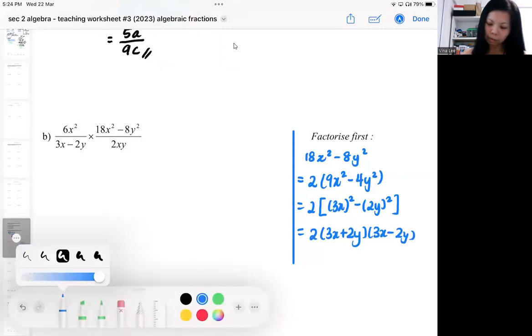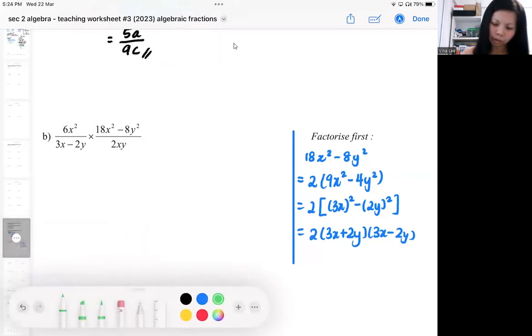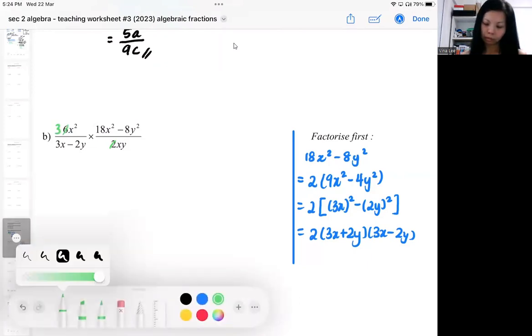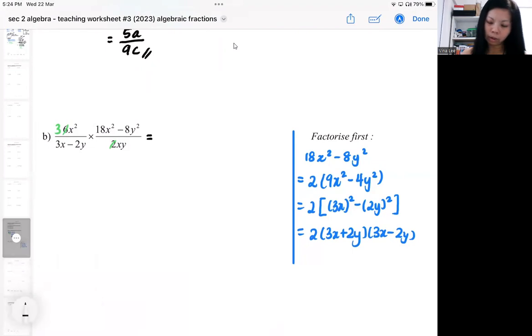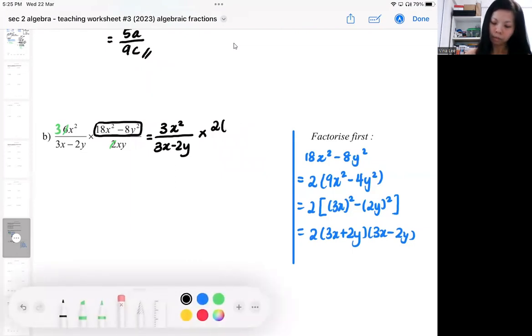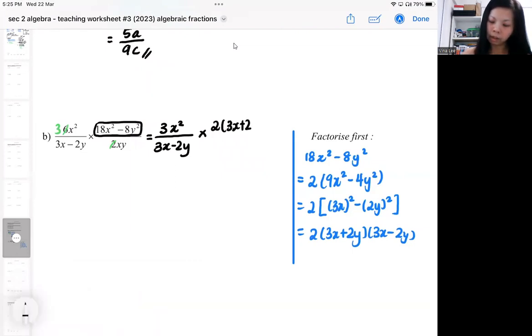So like I said, maybe I will just do the cancellation of numbers. In the numerator, there will be 3x squared over 3x minus 2y. And the part that I have factorized will be 3x plus 2y, sorry, so 3x plus 2y and a 3x minus 2y.